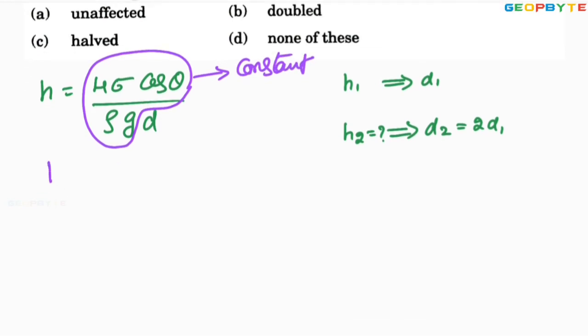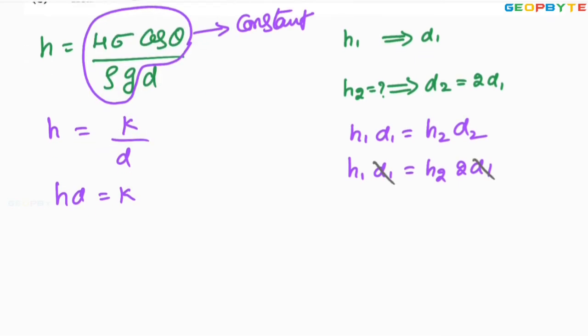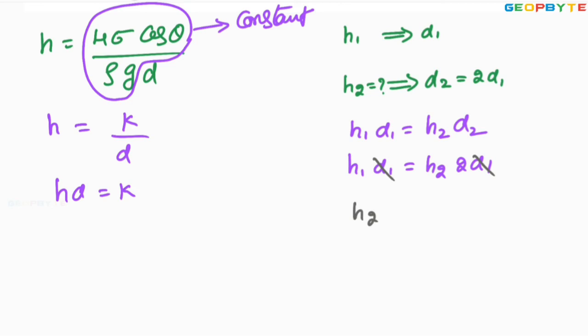Then H equal to some constant by D, or HD equal to constant. If HD is constant, I can say that H1 D1 equal to H2 D2. Here H1 D1 equal to H2 into D2, which is 2 D1. Now D1 cancels. H2 equal to H1 by 2.